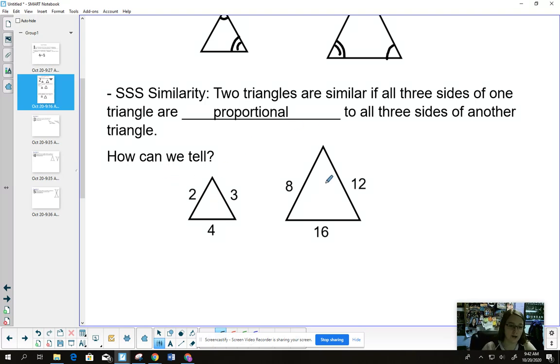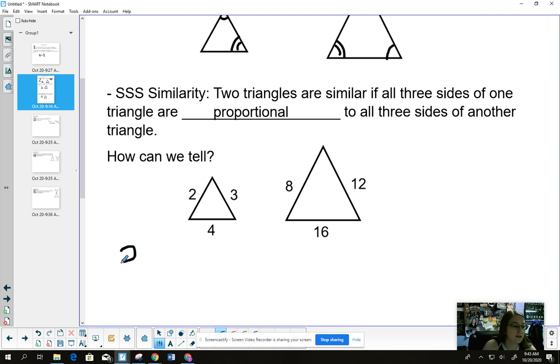Now here's how we can check. All we have to do is create fractions for each set of corresponding sides. So how do we know it's corresponding? Well, see how 2 is the smallest number, 3 is in the middle, and then 4 is the biggest number, right? 2 is the smallest, 4 is the biggest, 3 is in the middle. So we're going to match those up with the sides over here in the same way.